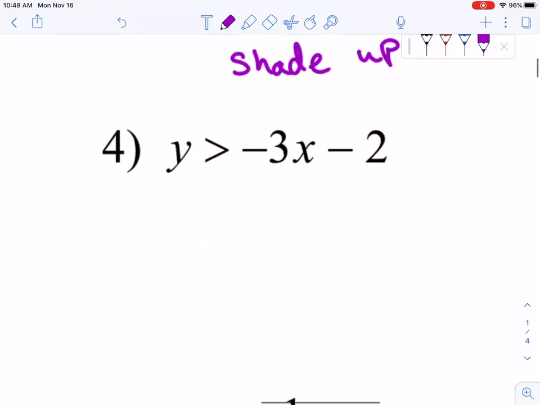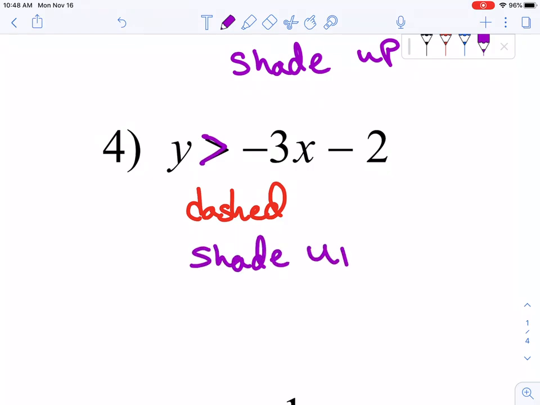Or below is another word that we use. So here I have no or equal to sign underneath, so this is going to be a dashed line. And this is going to shade up.